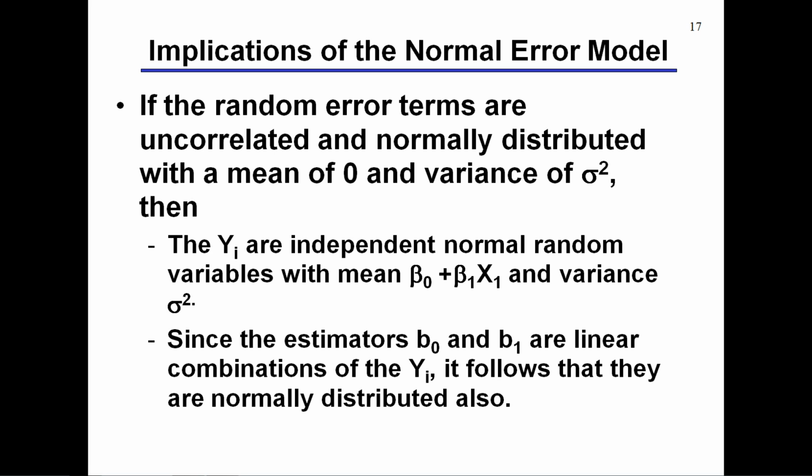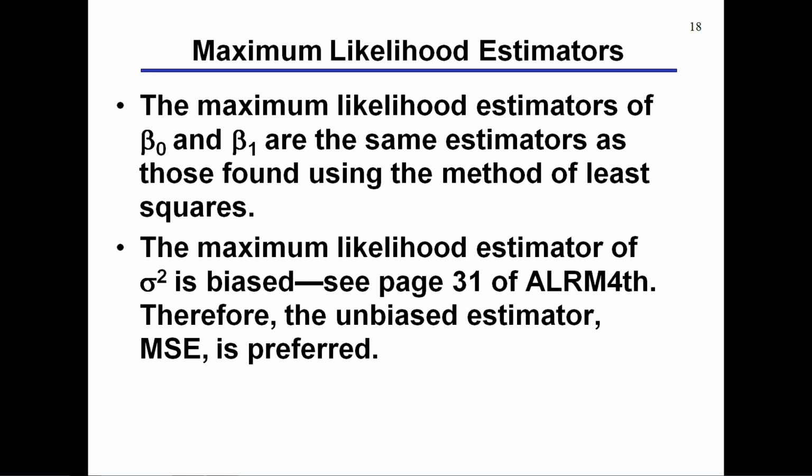And if the y sub i are normally distributed, because B0 and B1 are linear combinations of them, then B0 and B1 are normally distributed. And that's going to open up a lot of opportunity for us to make inference and really come to grips with and understand what our estimated regression line provides for us.